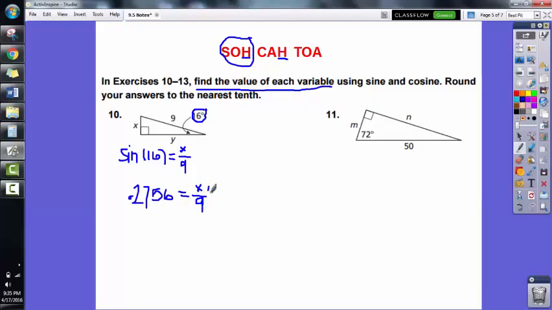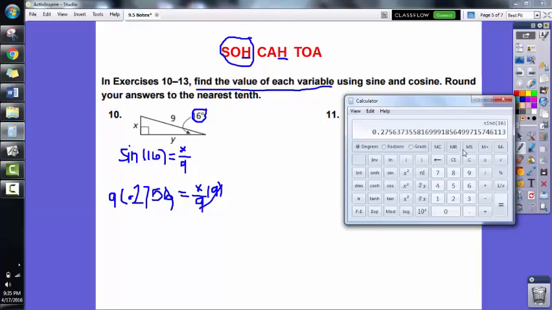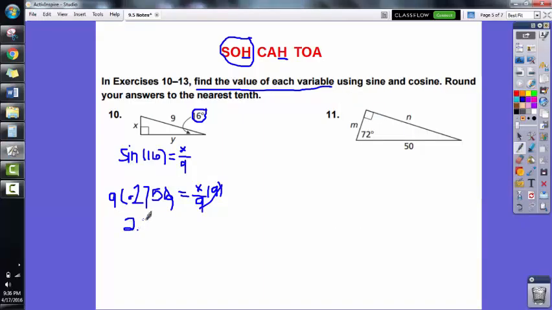If I multiply by 9 on both sides, 0.2756 multiplied by 9 is 2.48. Equals x. So that's this side, 2.48.